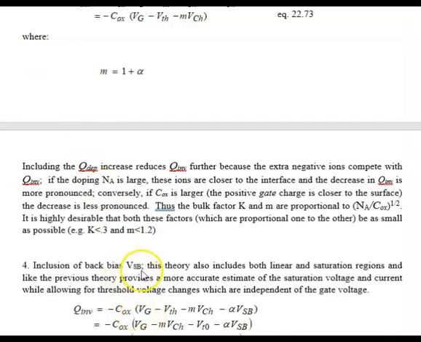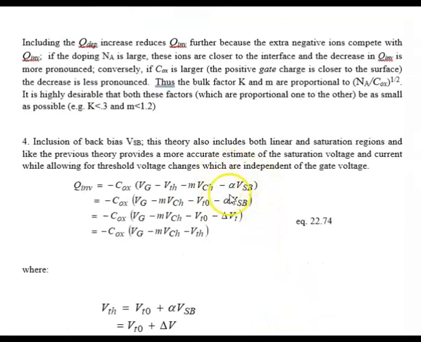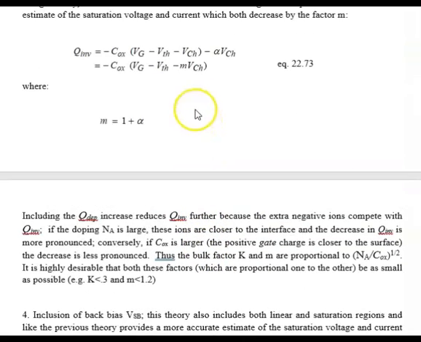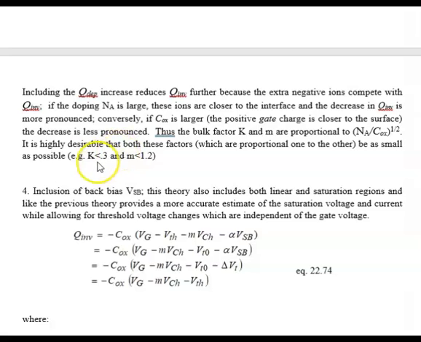And finally, and this is a very practical issue, we have back biasing on the substrate, always using a reverse bias on the substrate so that we increase the threshold, and that is this term right here. These two terms are lumped into the famous M value. The alpha is proportional to this K value that we looked at way back in chapter 21.